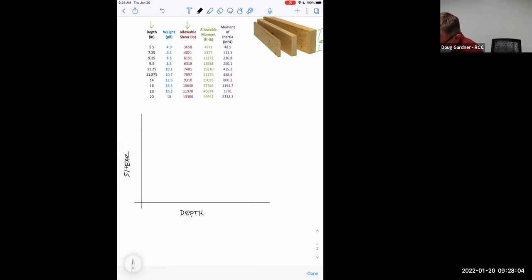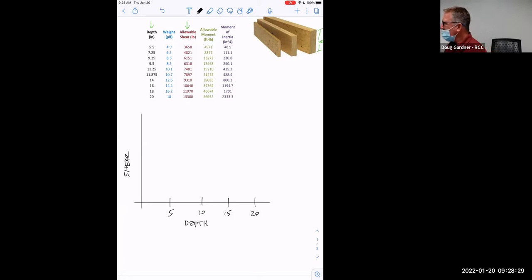So maybe I'll try this. Maybe I'll mark this as, oops, that was a mistake. Thank God for undo. Maybe I'll call this 10 and this is 20. And so then this would be 5 and this would be 15. Does that look reasonable across there?